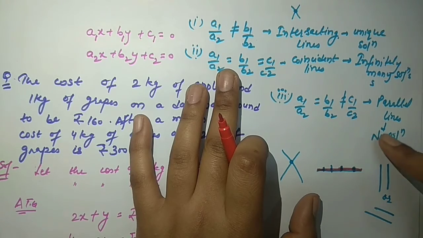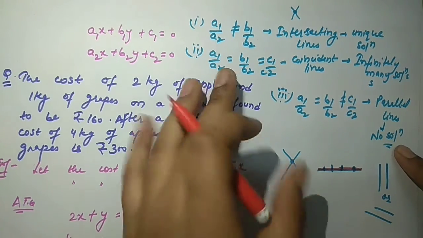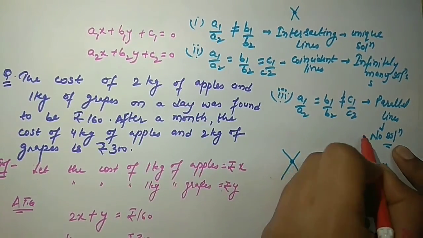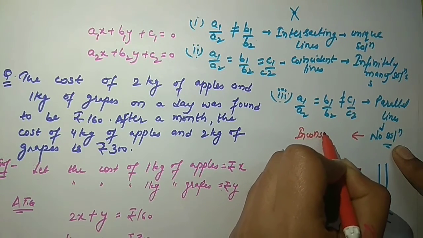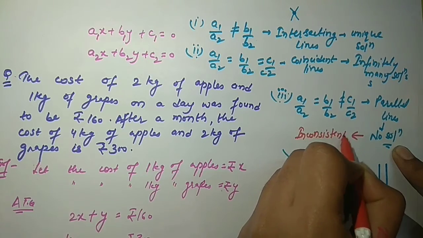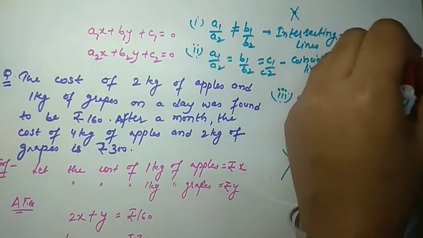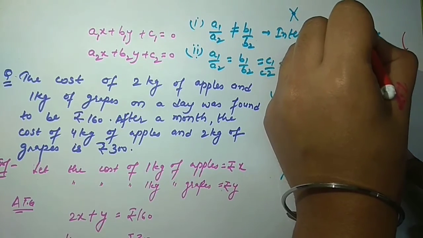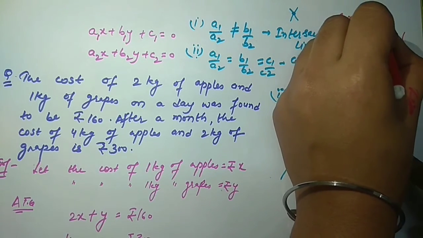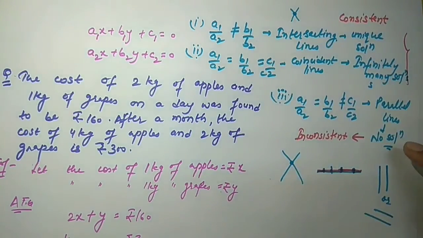These two pairs have no solution, so they are known as inconsistent lines. And these two types are known as consistent. So these two are consistent, this is inconsistent.